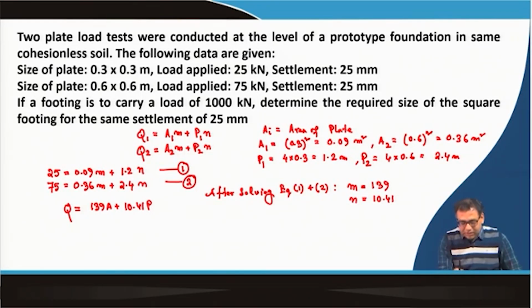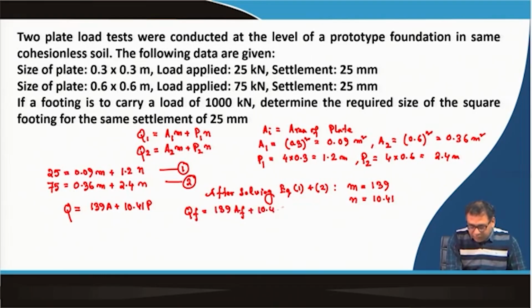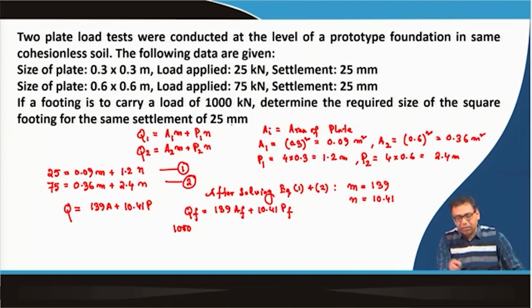That dimension, since it is a square, we say it will be B cross B. So, we can write Qf = 139 Af + 10.41 Pf. The Qf is 1000 kilonewton, because we have to use the same settlement. Corresponding to the same settlement you have to compare all the cases. So, the settlement is the same, Q is 1000 kilonewton.